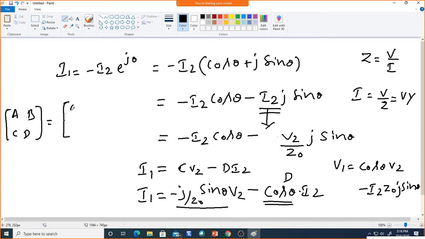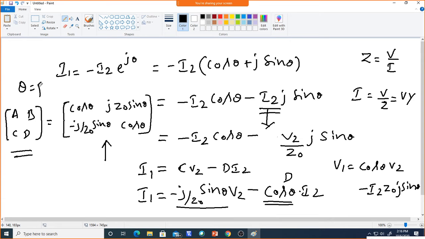So now here it is cos theta, j Z0 sin theta, and here minus j by Z0 sin theta, and cos theta. So this is the ABCD parameters for your transmission line, which is a lossless transmission line.